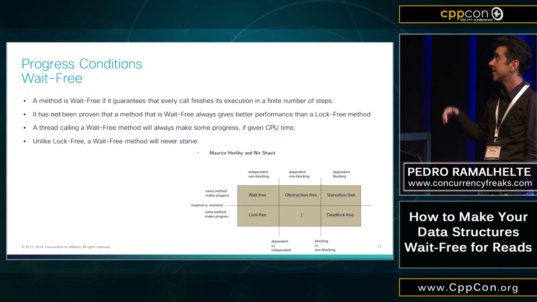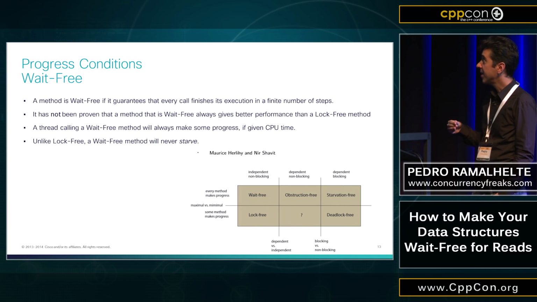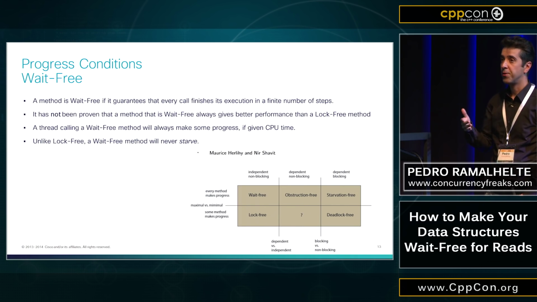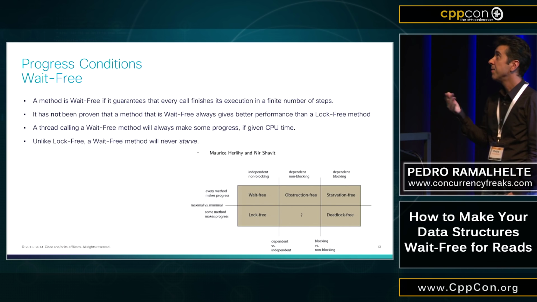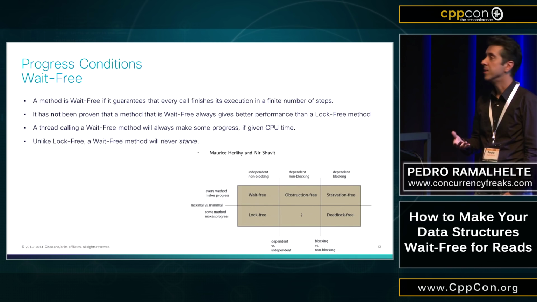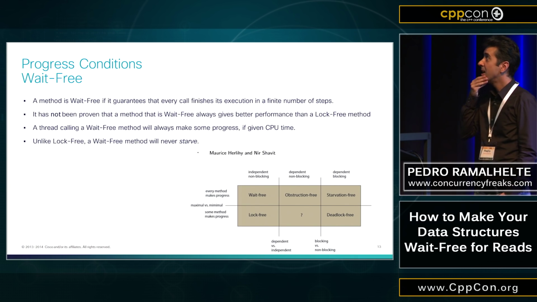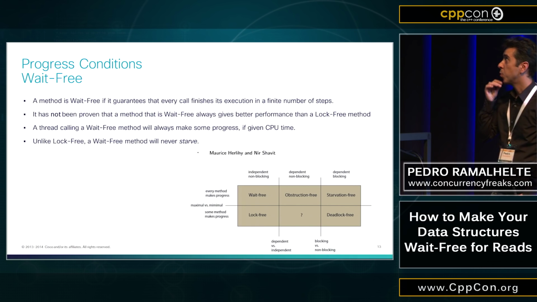Now, wait-free goes a step beyond that and gives you the guarantee that all threads are always making some kind of progress. In fact, they're going to finish that call, that execution, in a finite number of steps. So far, no academic has proved that wait-free always gives better performance than lock-free.